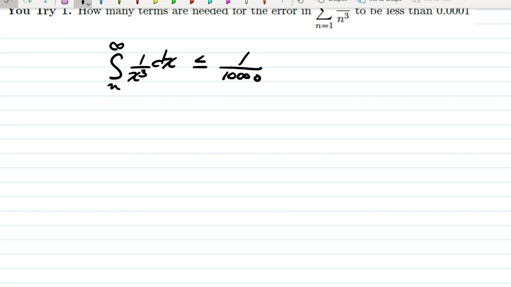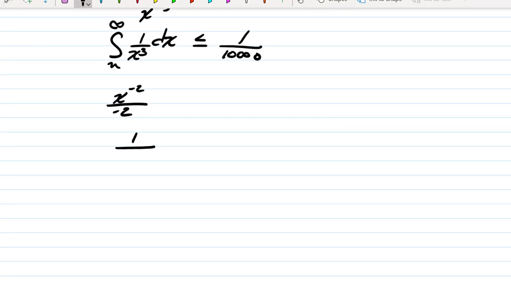So the antiderivative of x cubed is going to be negative 2 over... we have x to the negative 3, so that's going to be x to the negative 2 divided by negative 2, which is going to be negative 1 over 2x squared, evaluated from n to infinity.